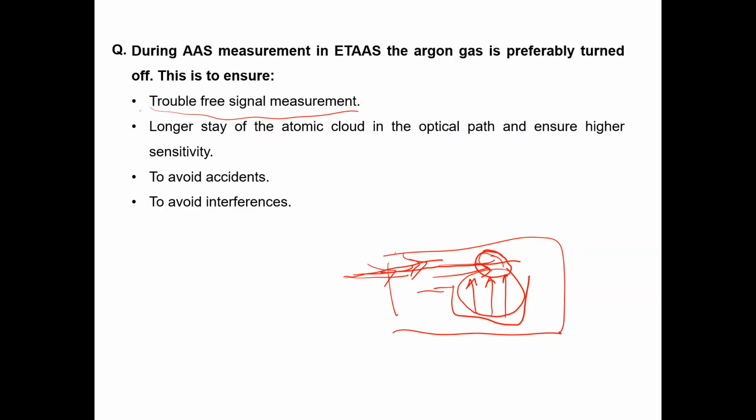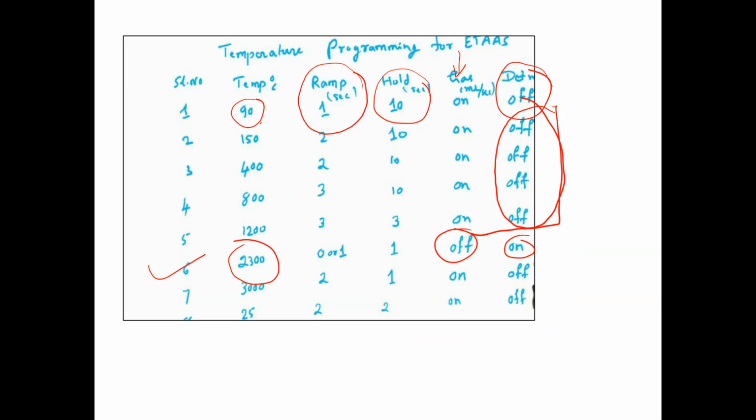Okay, so you can say the trouble-free signal measurement also, and the longer stay of atomic cloud in the optical path ensures high sensitivity also. So that is basically to keep in mind that while determining the metal, the argon gas flow should be off, and right after that you should determine the metal, so that the sensitivity gets higher and there is no interference, right?